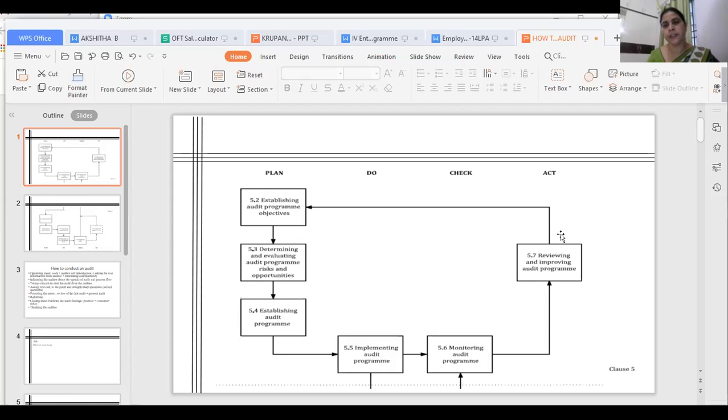That reviewing is called acting upon the process of your audit. On the whole, what I would like to say here is that the process of an audit differs from institution to institution.